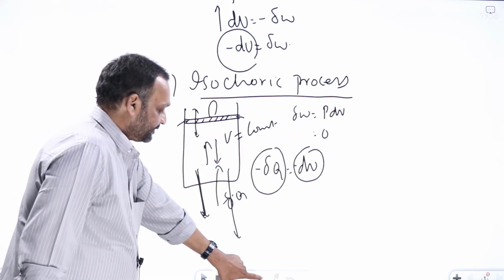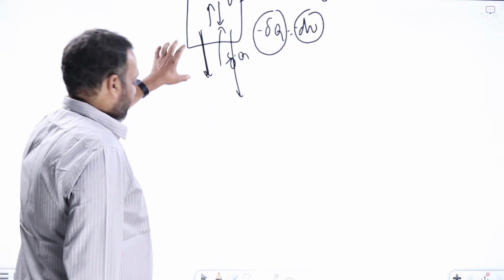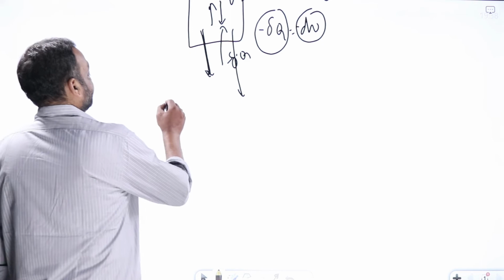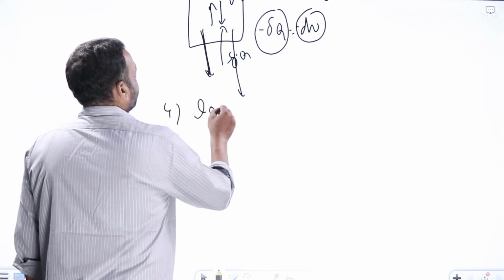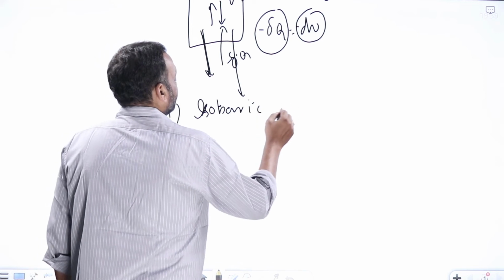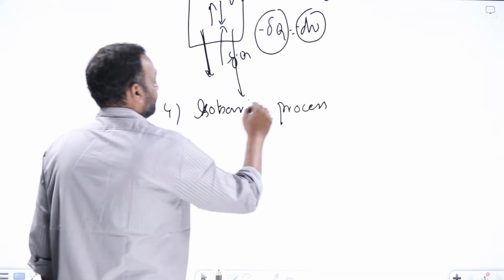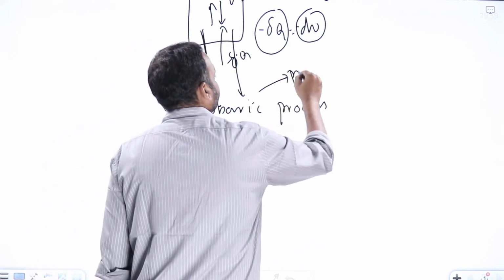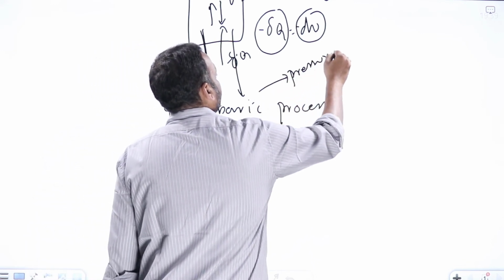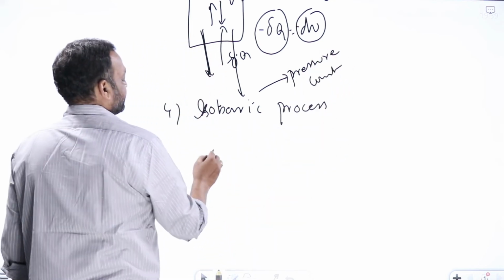Okay, the next process, the fourth process, is an isobaric process. Isobaric process means a process in which pressure remains constant. Baric means pressure. So here the pressure of the gas remains constant. What is the first law statement?